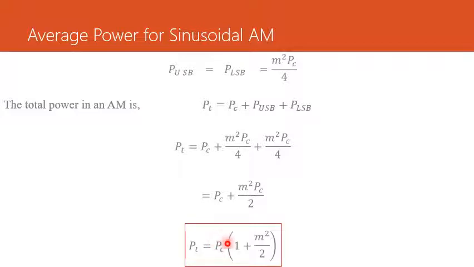So if you know the carrier power, which is equal to Ec square by 2R, and if you know the modulation index, you can find out the total transmitted power in case of an AM signal. Similarly, we can easily find out the AM current.